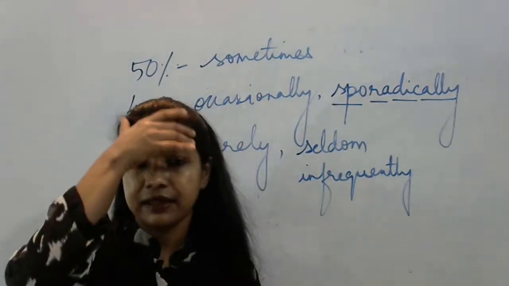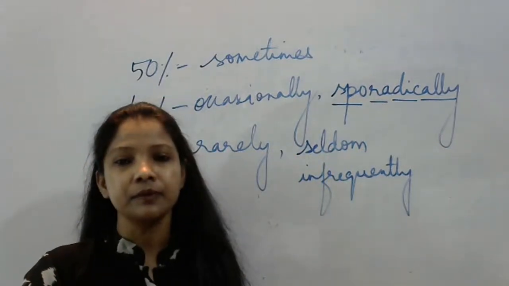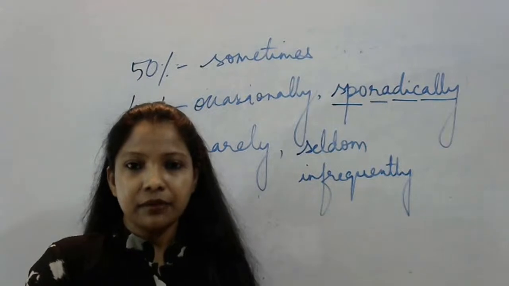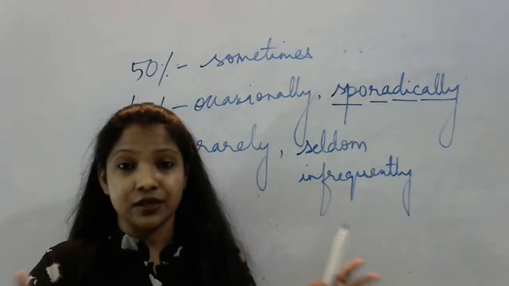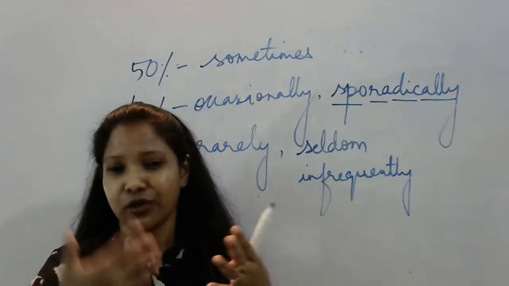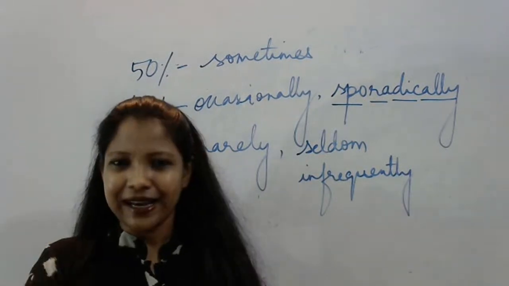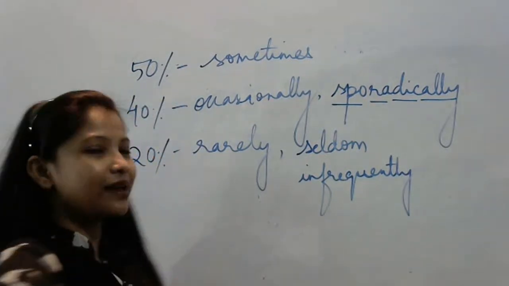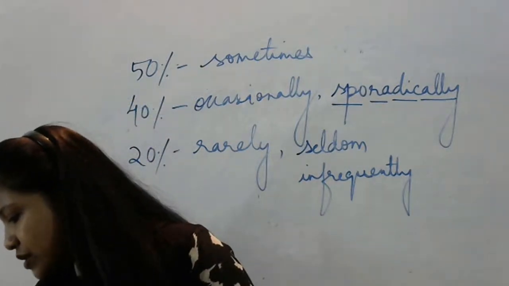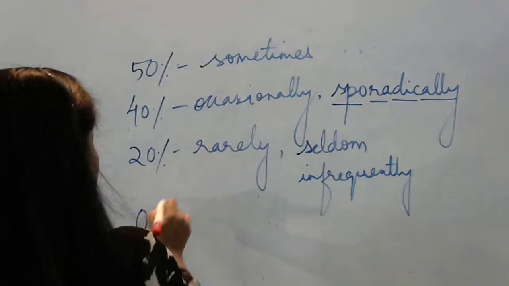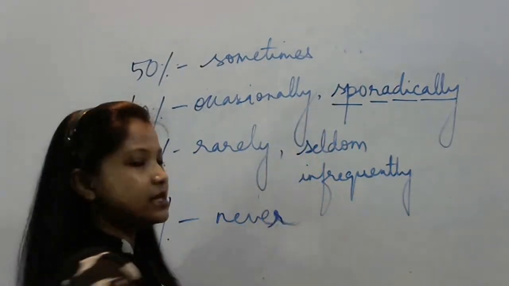Last class I think we had a discussion. Seldom means something we do very rarely. I seldom drink a glass of green tea. I don't like green tea, so I seldom take a cup of green tea. Something which you do very little. Rarely, again the same. Now the last one goes under 0%, which is never.